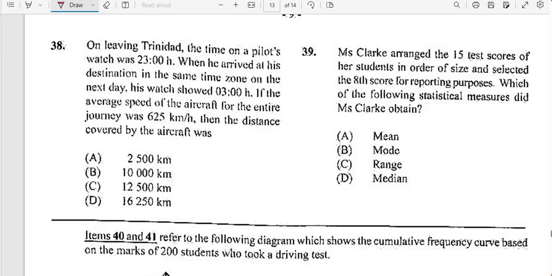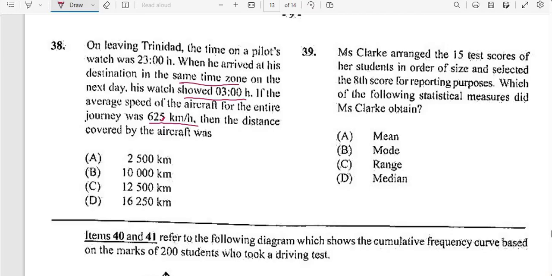When he arrived at his destination in the same time zone, on the next day, his watch showed 3 o'clock. If the average speed of the aircraft for the entire journey was 625, I'm assuming that is 625 kilometers per hour and not 62.5, then the distance covered by the aircraft was what?